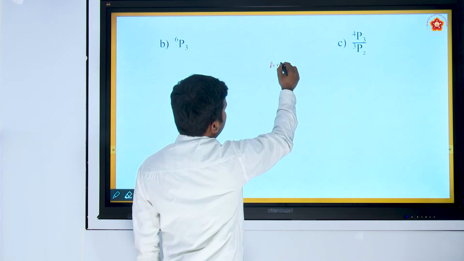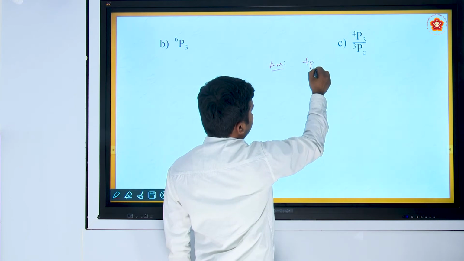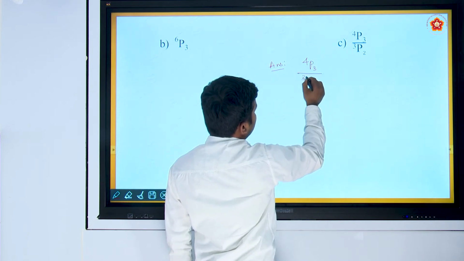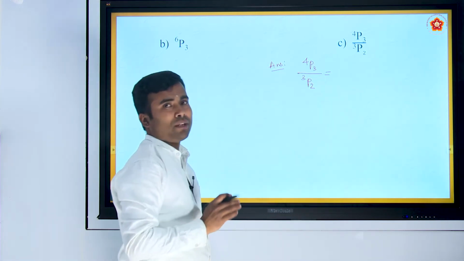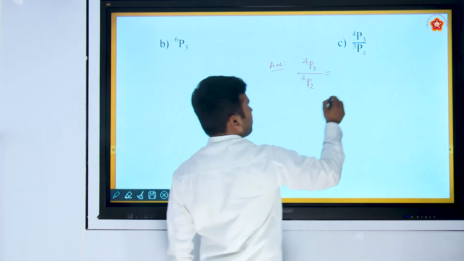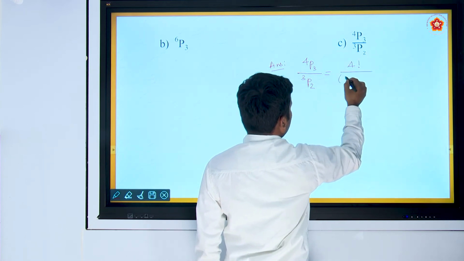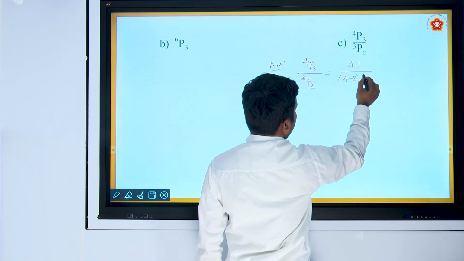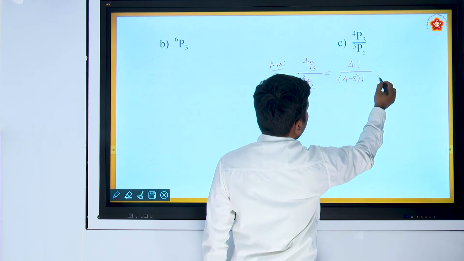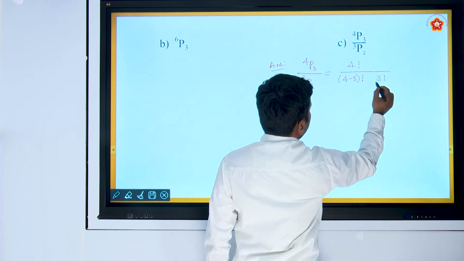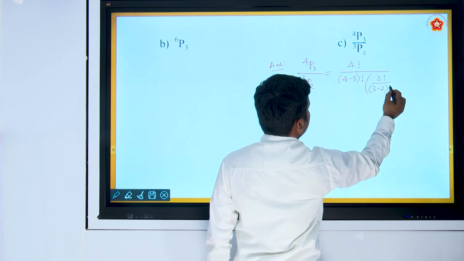First, apply the formula for the numerator, that is 4 factorial divided by (4 minus 3) factorial. And for the denominator, it is 3 factorial divided by (3 minus 2) factorial.